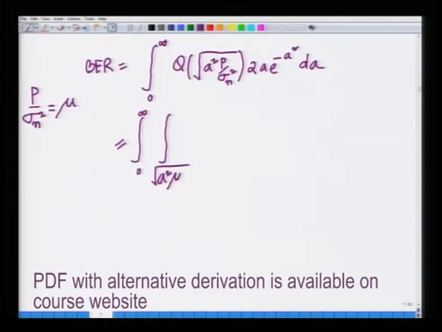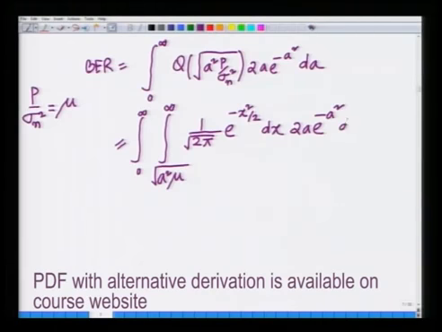The Q function becomes the integral from square root of a square mu to infinity of 1 over square root of 2 pi e power minus x square by 2 dx, and there is a 2a e power minus a square da for the outer integral.